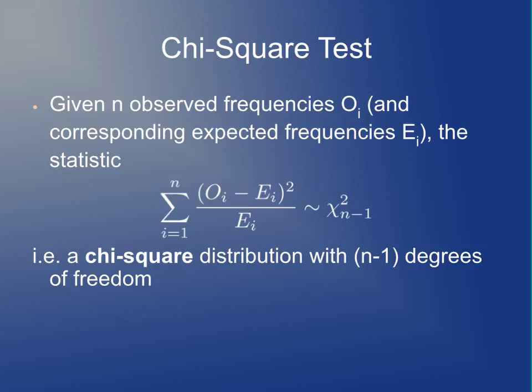If you take something that's a standard normal distribution and square it, you get a chi-square distribution with 1 degree of freedom. And if you add together 3 chi-squares with 1 degree of freedom, you get a chi-square random variable with 3 degrees of freedom. That's not something that you'll ever need to use in this class. I'm just mentioning that for your information.